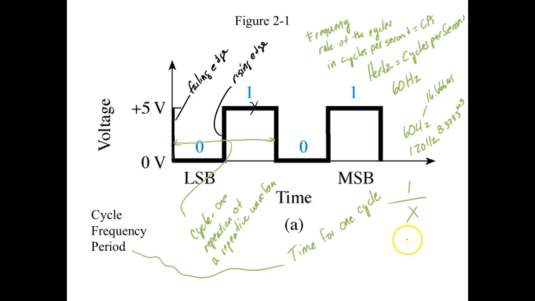It's either labeled 1/x, or it's x to the minus 1. Taking a number to the minus 1 power is taking the reciprocal of it. So if you took the reciprocal of 1, it's going to be 1. But if you took the reciprocal of 2, it's going to be 0.5, right? Because it's 1/2. So period is the reciprocal of frequency. That's exactly right. Or vice versa.